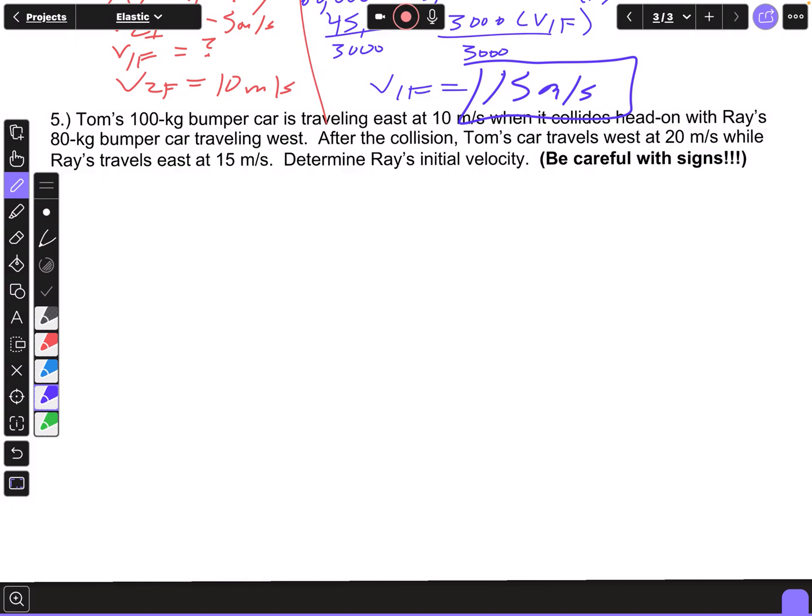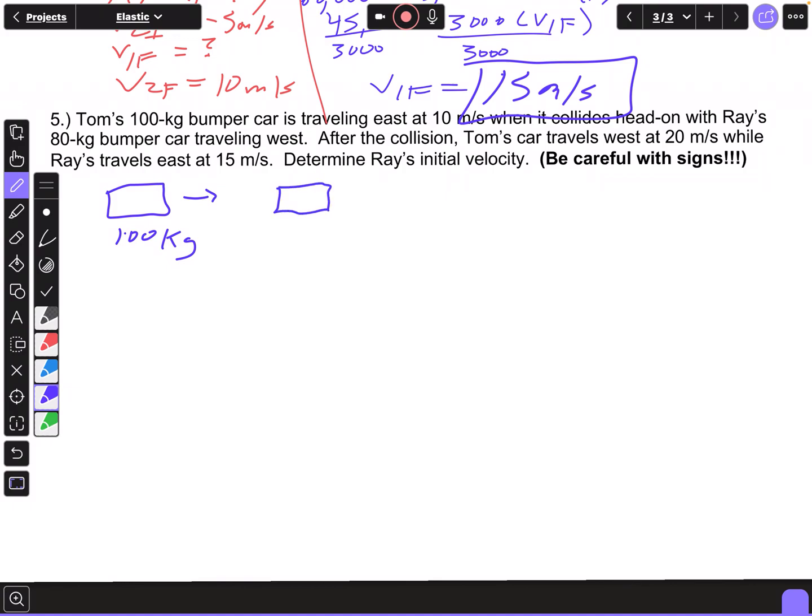So we're saying that first, the bumper car is Tom's, and it is 100 kilograms, and it's traveling east, so it's traveling this way, and it collides head on with Ray's bumper car.